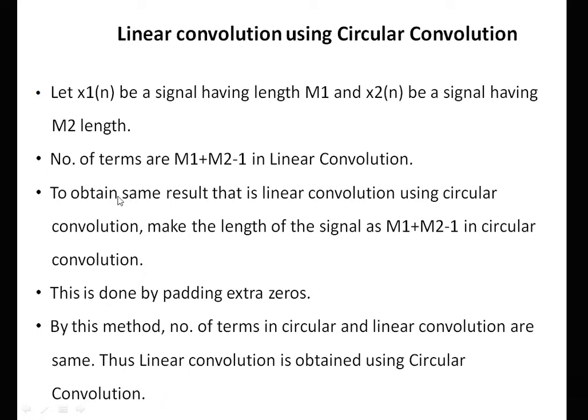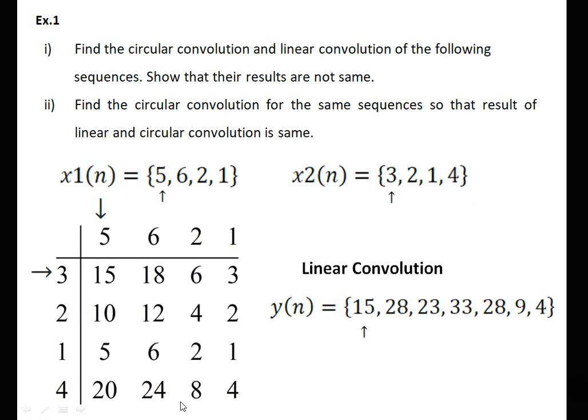Now, this portion is illustrated with an example. Let us see the example. Find the circular convolution and linear convolution of the following sequences and show that their results are not the same. Then find the circular convolution for the same sequences so that the results of linear and circular convolution are the same, meaning obtain the linear convolution through circular convolution.